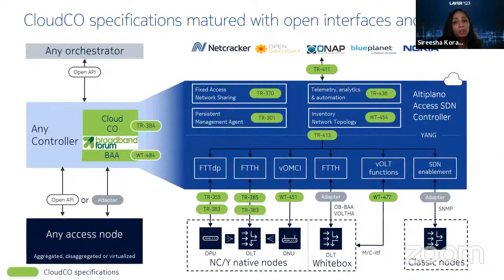Now, I talked about how this shift towards disaggregated access is happening. In order to simplify these operations and deployment, disaggregated access solutions are also being standardized in Broadband Forum Cloud CO. The attractive part of this approach is the open and standard APIs, which make it a lot easier to combine any orchestrator on top of any controller with any access node on any technology, be it from any vendor.